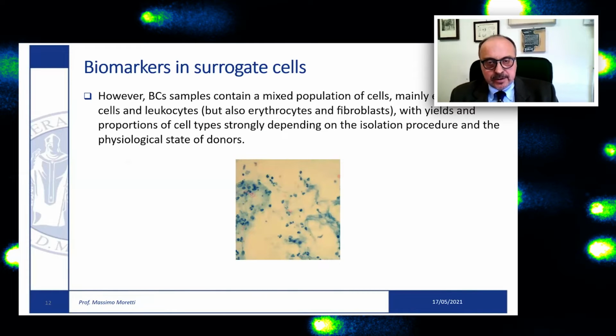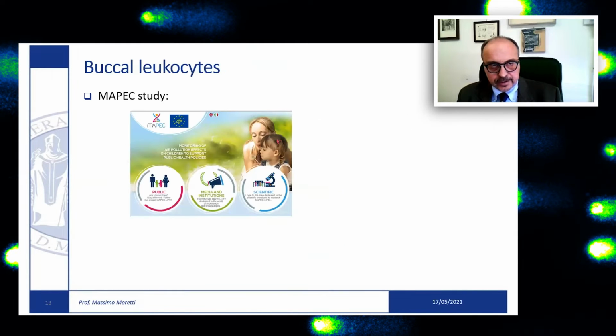But buccal samples contain a mixed population of cells: epithelial cells, fibroblasts, erythrocytes, leukocytes. So we have different yields and proportions of cells depending on the isolation procedure and the physiological state of donors.